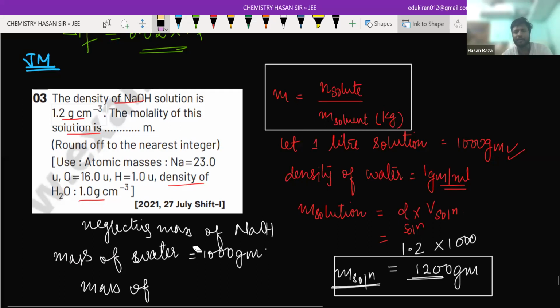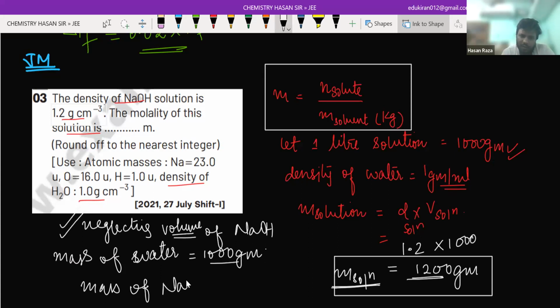We cannot neglect mass of NaOH because we need to calculate the number of moles. We need to neglect volume of NaOH because the quantity of NaOH is quite less. So mass of water will be 1000 gram.